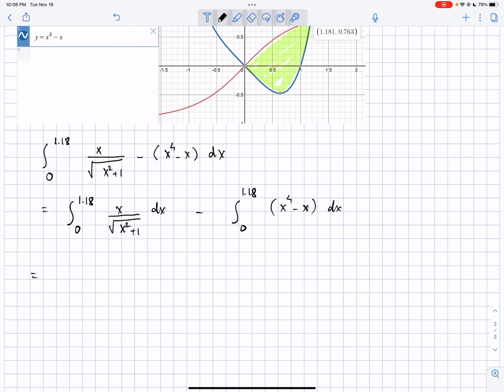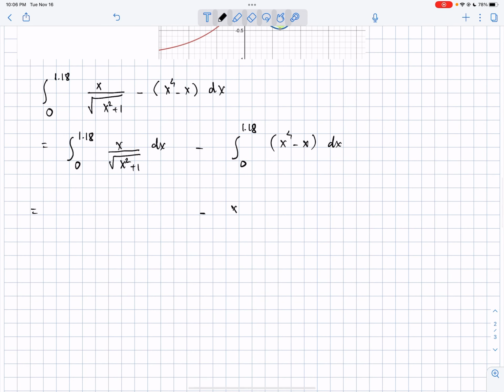For the second one, it's easy to compute. We get x to the fifth over 5 minus x squared over 2, and evaluate this function from 0 to 1.18.